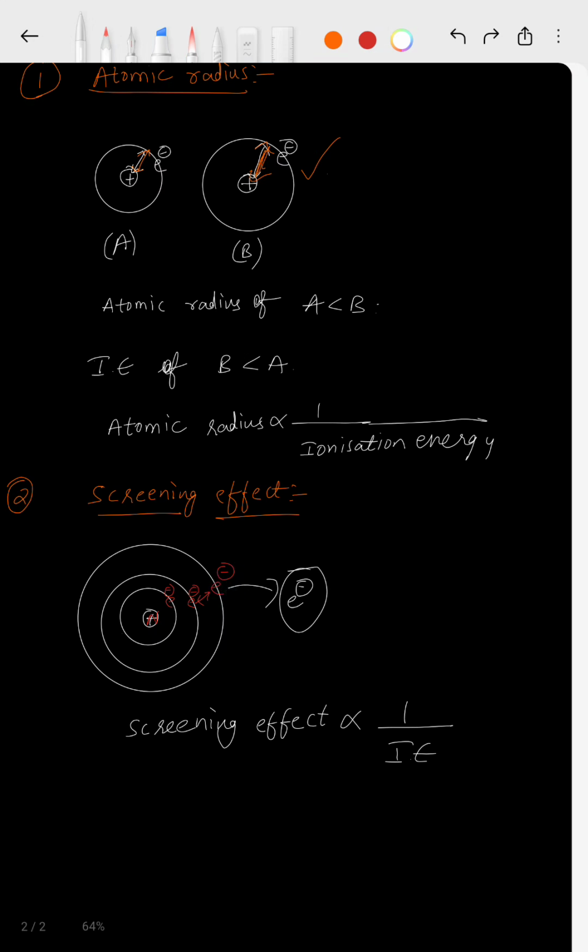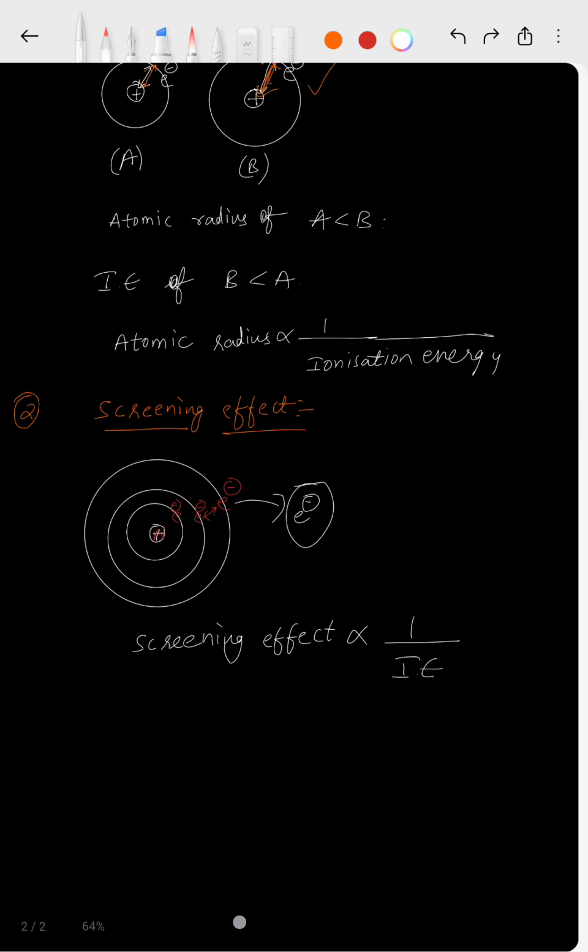Okay, so you can write here screening effect. What is the screening effect?